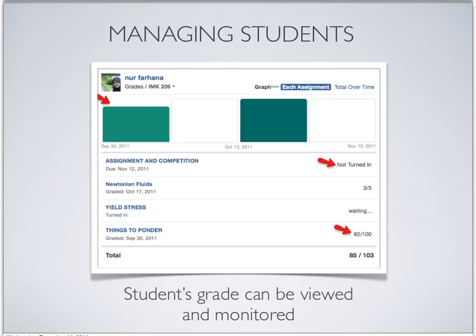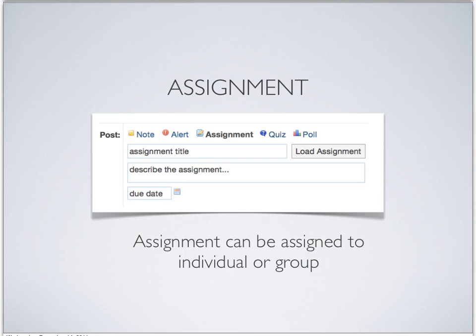For example, for this assignment, the student has not turned in, and this is a quiz the student has done, and she got a full mark for this. And this assignment is still pending, and this assignment I have graded, and this is the total marks the student has got so far.